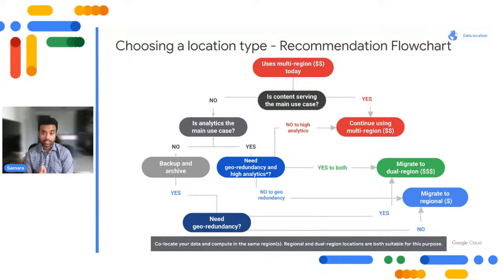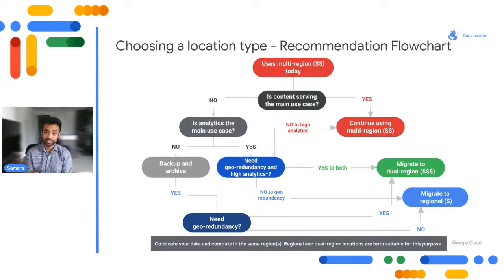But if it's not, and if analytics is your main use case, understand if you need geo-redundancy. If you do, then migrate to dual region. If you do not need geo-redundancy, then migrate to regional buckets. If analytics is also not your use case and backup and archive is your main use case, figure out if you need geo-redundancy for your backup and archive.